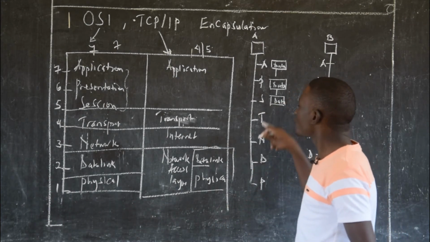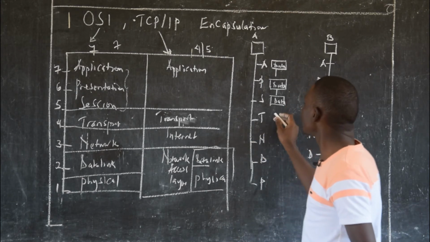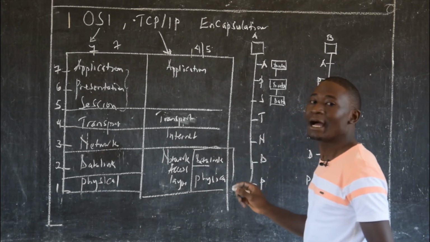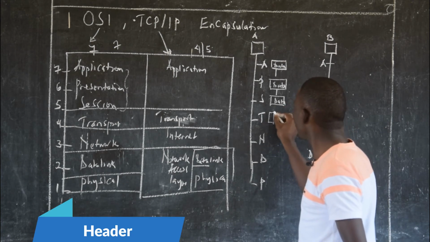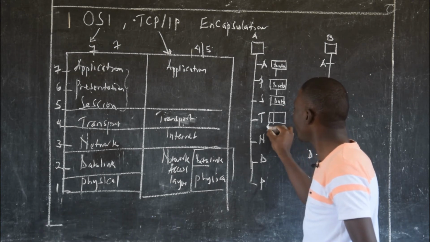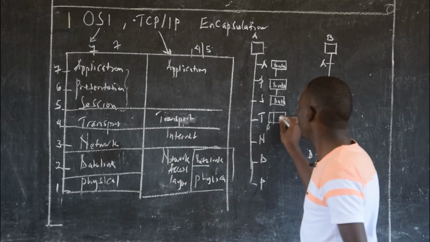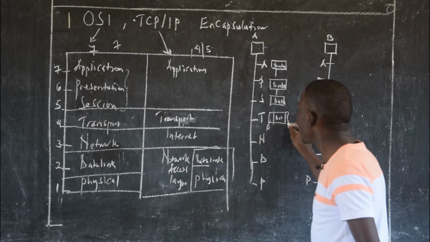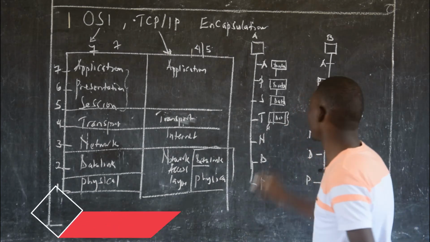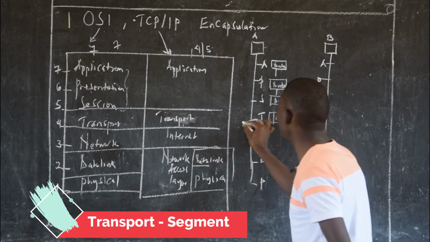Now, when it travels to the transport layer, this transport layer is going to add what we call a header to that data. So this is the data, then it is going to add a header to that data. Remember, it has the data. So the whole of it becomes what we call a segment.